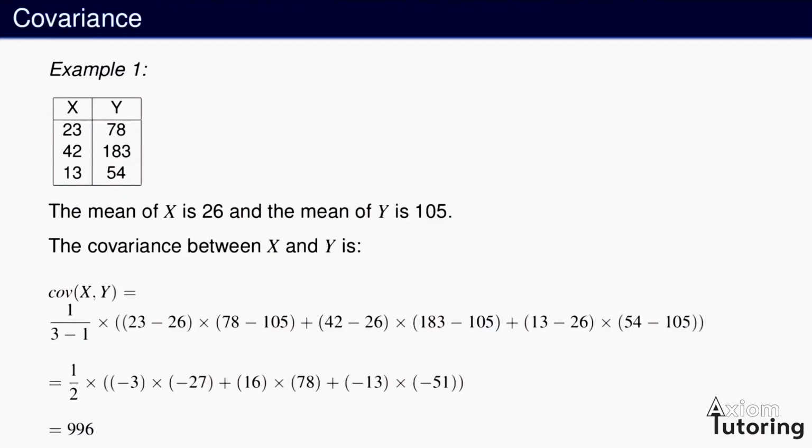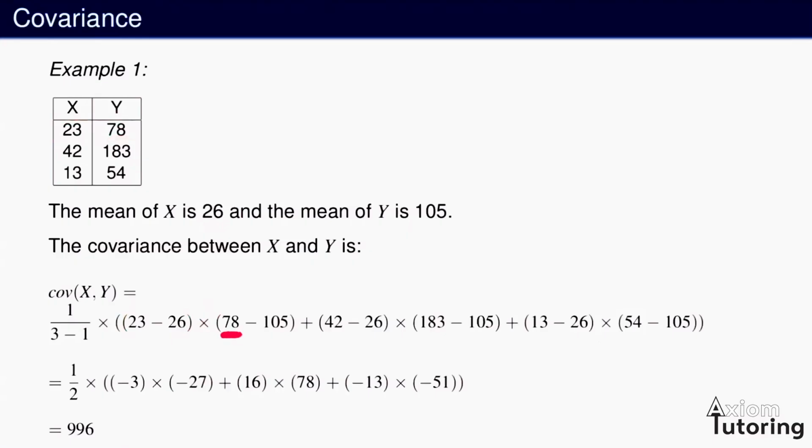So the way we calculate the covariance is as follows. We have 1 over the sample size minus 1. So 1 divided by 3 minus 1 times, and then we take the first observation of my x variable, so 23. We subtract the sample mean of x, which is 26, and we multiply by the first value of y. So for my first observation, the value of y is 78.